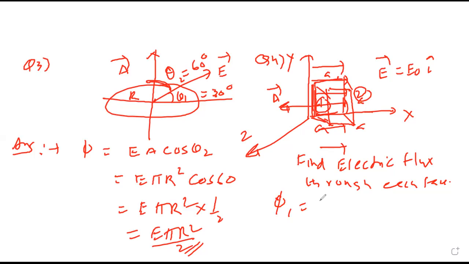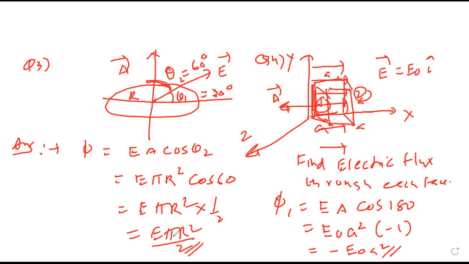So for the first surface, E into area, angle will be cos of 180 because E is acting on the right side. E is magnitude E naught, area is A square, angle is 180, so minus 1. So can I say minus E naught A square is the flux through the first face? Okay, try.